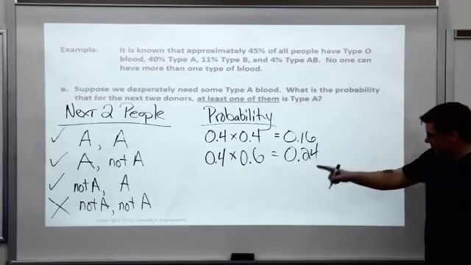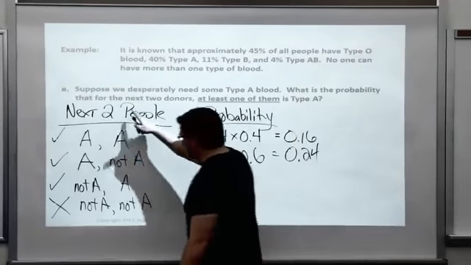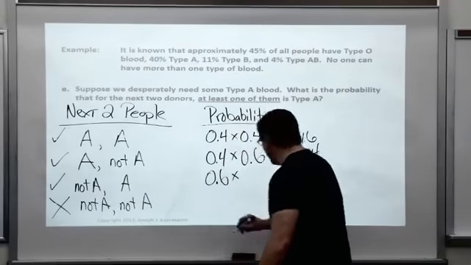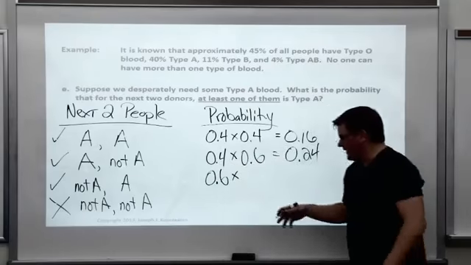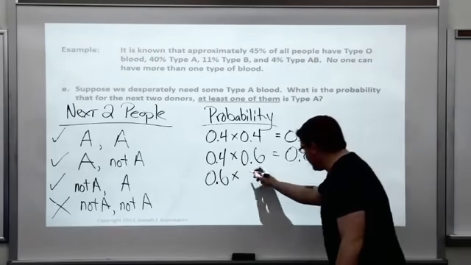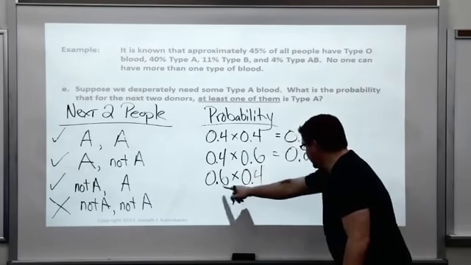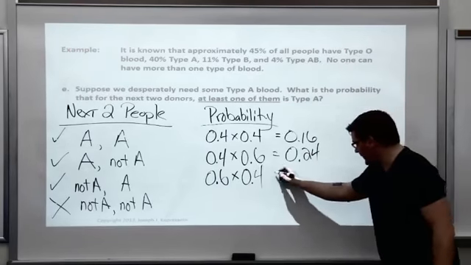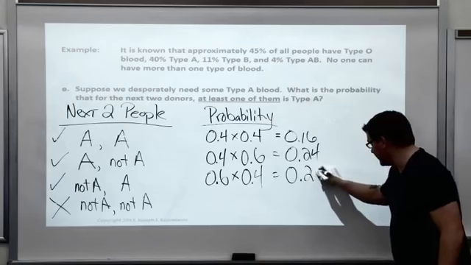All right. Go down to the third row. Not A. We know that the chance anybody is not A is 60%, 0.6. Second person now is the A. A is 0.4. Probabilities, independent events, I can multiply. I know what this one is, I hope. It's the same as the previous one, right? 0.24.